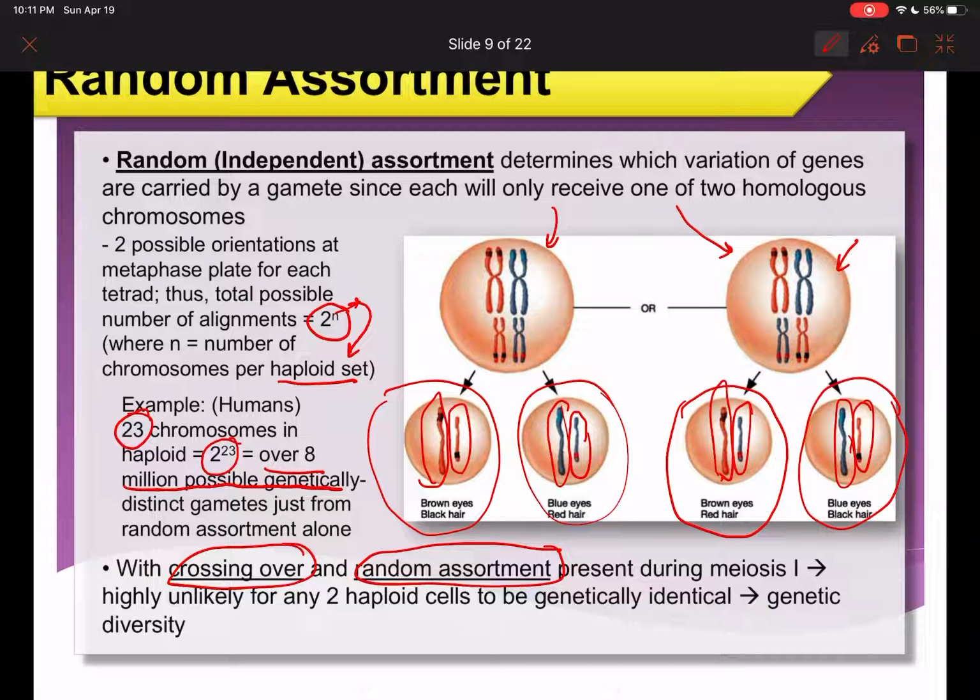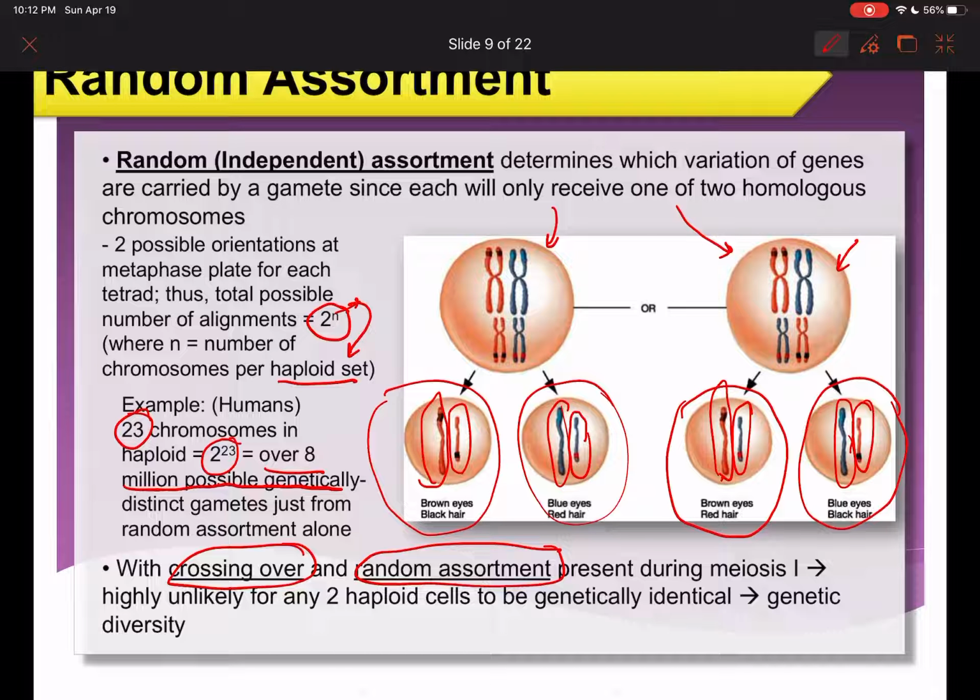This is what contributes to genetic diversity, which explains why when your parents gave birth to you and your sibling, if you have any, you and your sibling do not look exactly the same. You're not 100% clones of each other. One may have curly hair, the other may have straight hair. Or think about fraternal twins versus identical twins. Fraternal twins tend to look very different from each other because they came from two different sets of gametes, two different eggs fertilized by two different sperm.